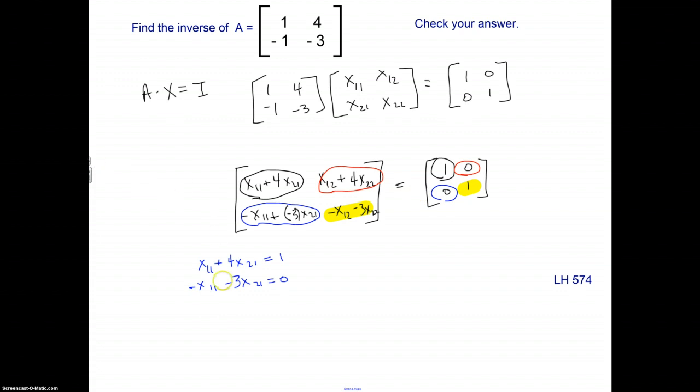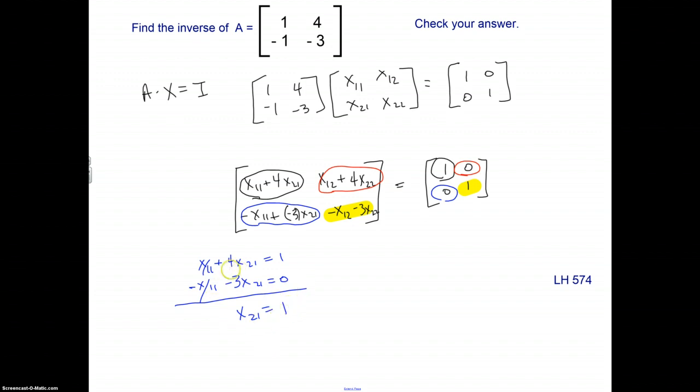Now I can go ahead and solve this. If I add these up just using elimination, this is going to cancel. 4 plus -3 is just x sub 2,1, just one of them, equals, and we're adding, so this is going to be 1. So I know that x sub 2,1 equals 1.